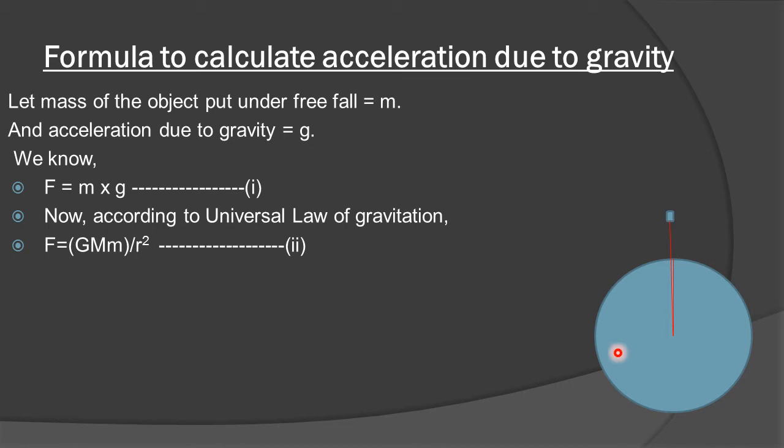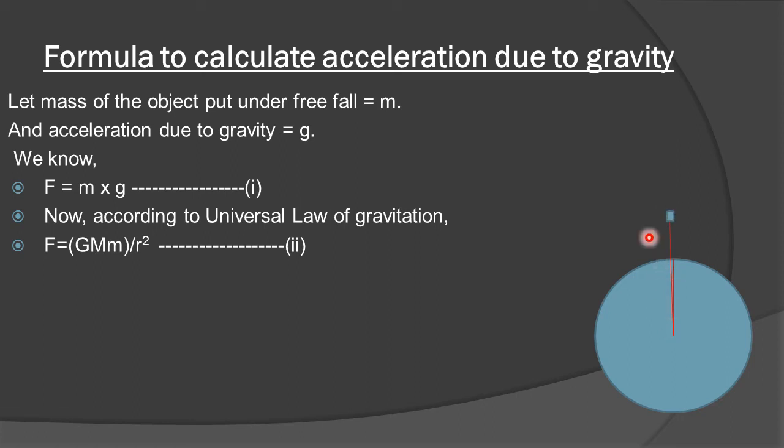Why have we considered only the radius of the earth? Now have a look at this diagram. Basically all of you know what is the universal law of gravitation. There exists a force of attraction between any two objects which is directly proportional to the product of their masses and is inversely proportional to the square of the distance between their centers.